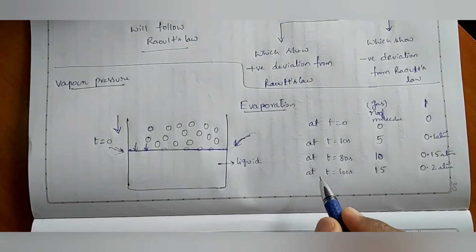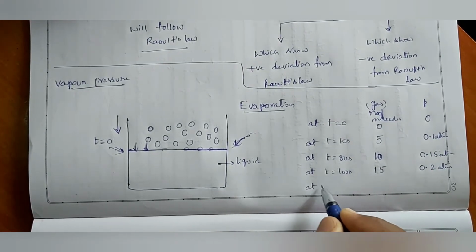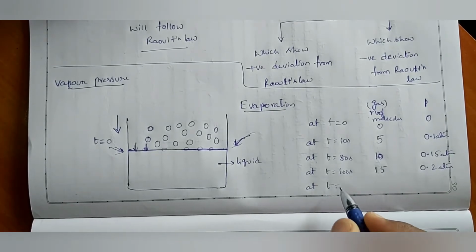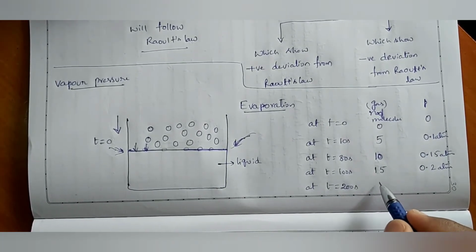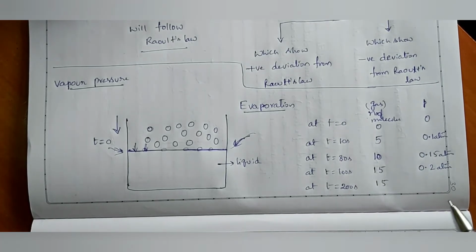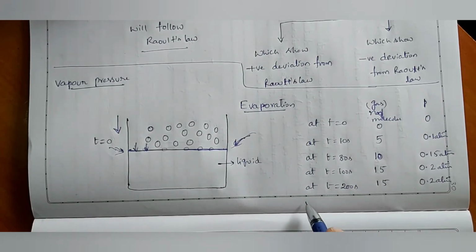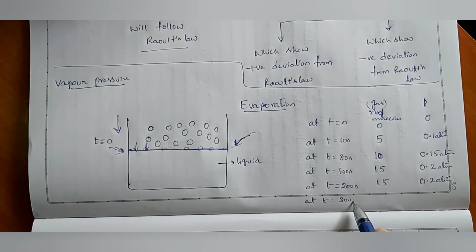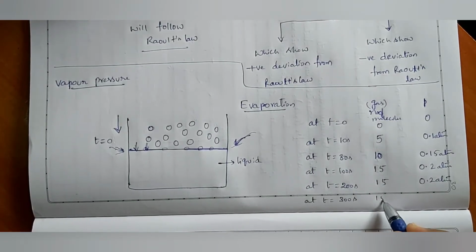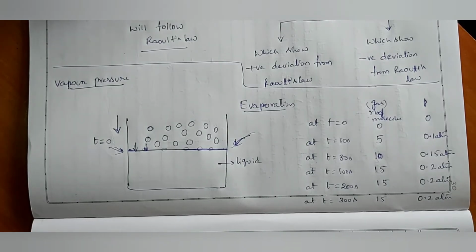After 100 seconds, at a particular time, I observed at time t equal to 200 seconds, the number of molecules will be 15 only, pressure will be 0.2 atmosphere only. At time t equal to 300 seconds, the number of molecules will be 15 only, and 0.2 atmosphere pressure.